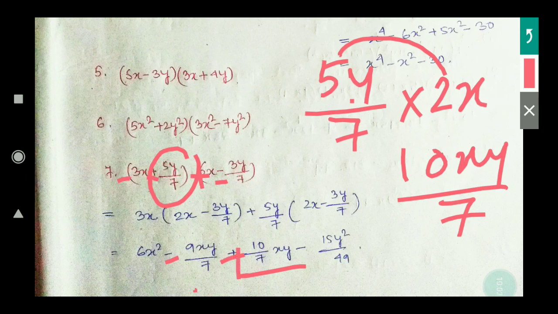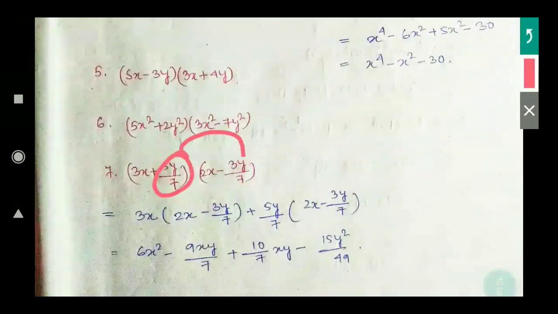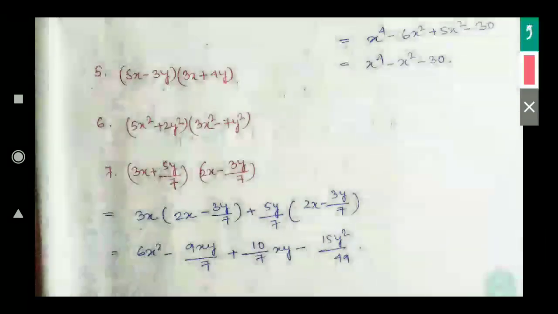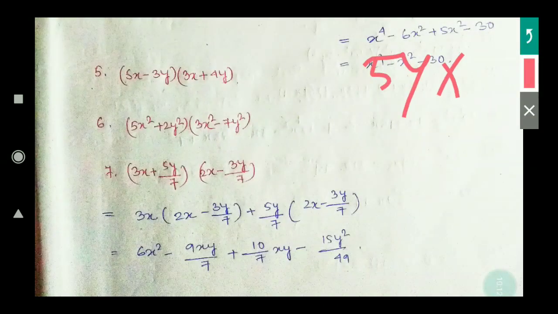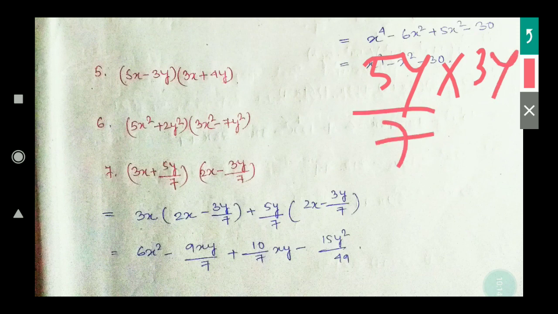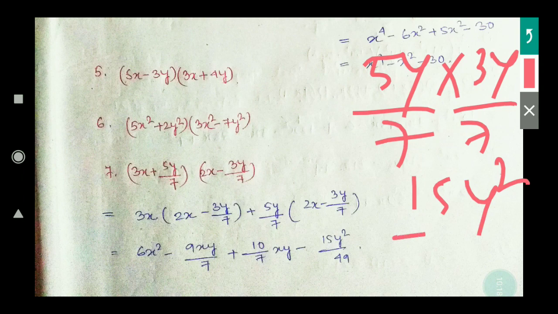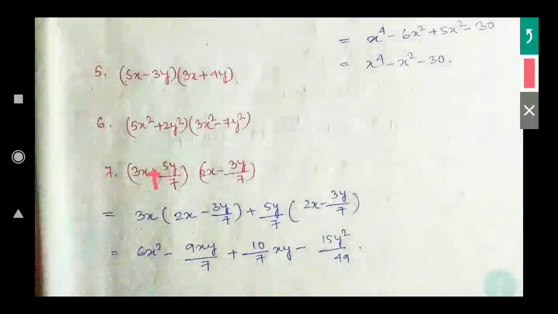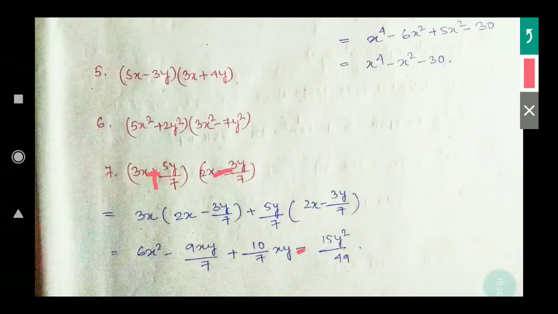Now with this second term, you have to do the multiplication of the last one. So what will it be? 5y into 3y over 7 into 7, so 5 3s are 15y²/49. Minus or plus? Here plus is given, here minus, so plus minus is minus 15y²/49. This is your answer.